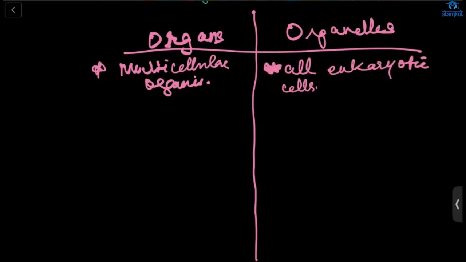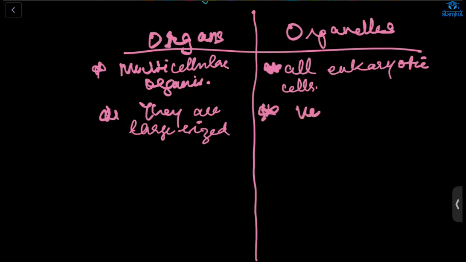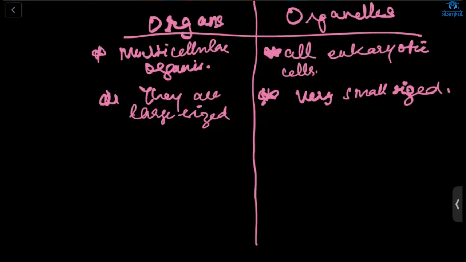Organs are large sized, macroscopic, and here very small size. The organs may be external or internal to the body of the organism, and the organelles are mostly internal.